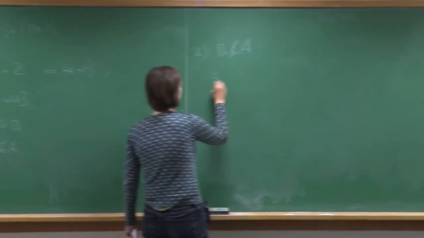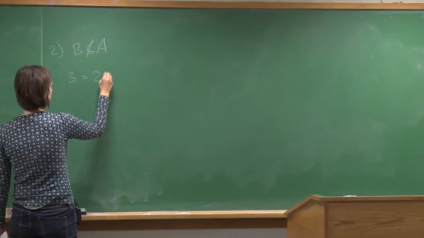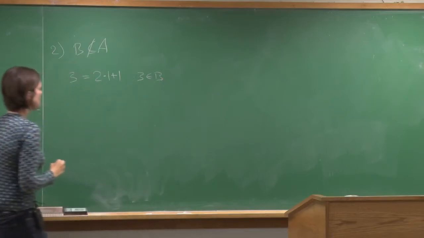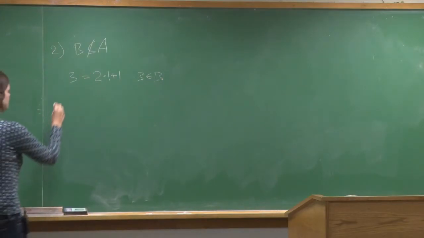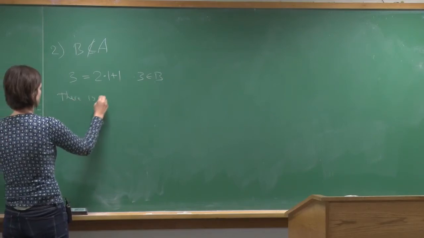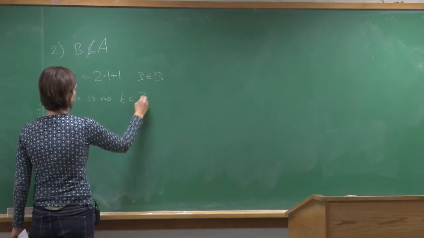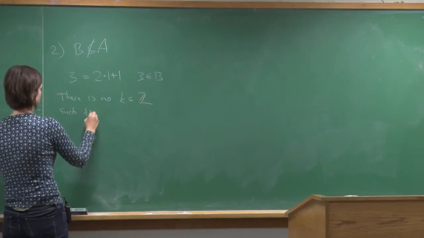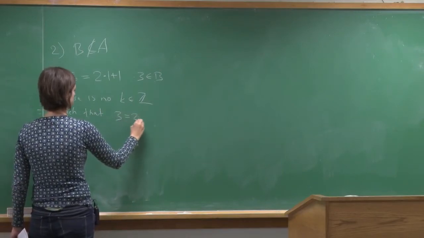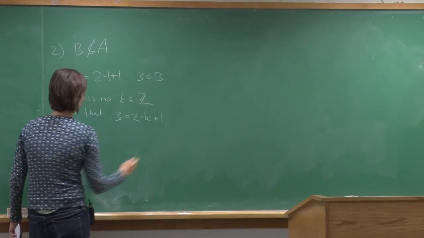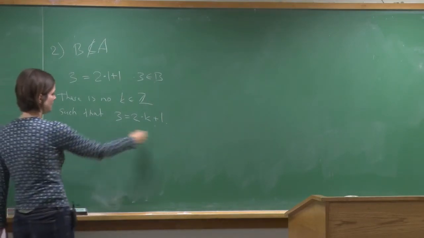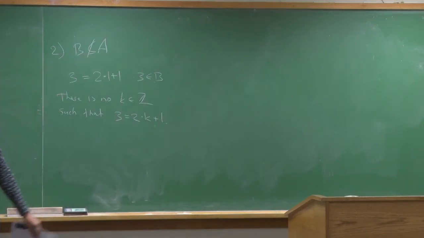So we have that 3. 3 is 2 times 1 plus 1. So 3 is in B, but there's no integer k such that 3 is 2 times k plus 1, because from our basic algebra we know that the only solution to this is when k is a half, which is not an integer. So there's no integer solution to that.